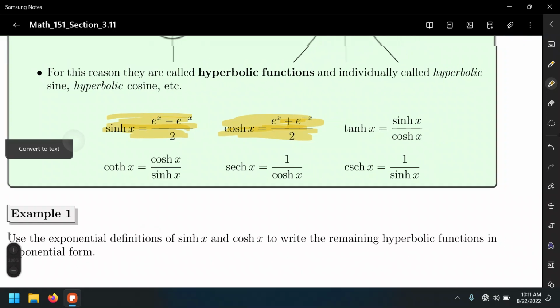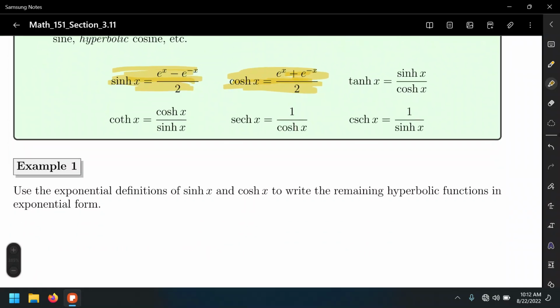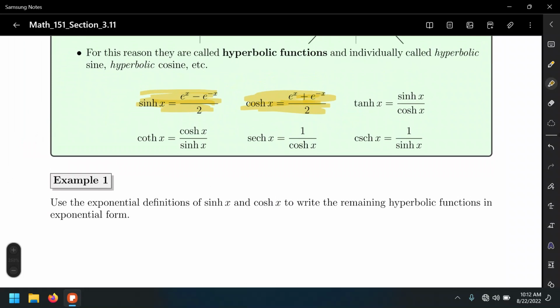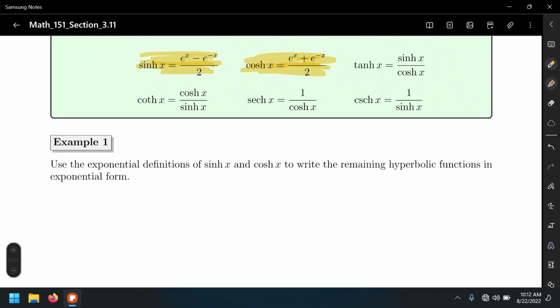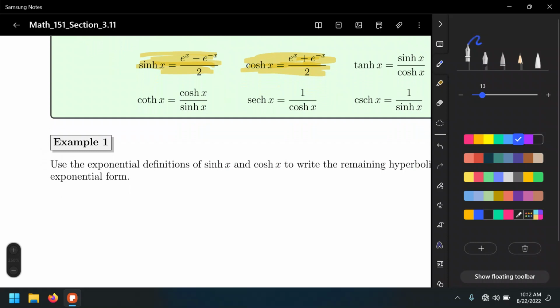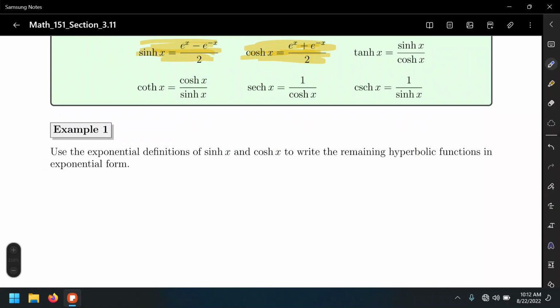So the first example is to use the exponential definitions of sinh and cosh to write down the remaining hyperbolic functions in exponential form. We already have sinh and cosh, which I highlighted here at the top. So we can write tanh x, which by definition is sinh over cosh.